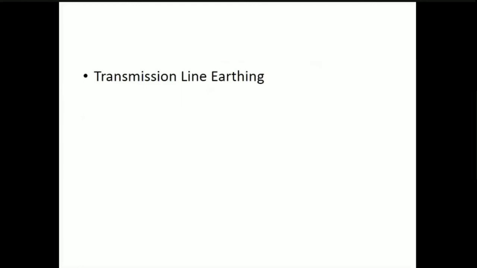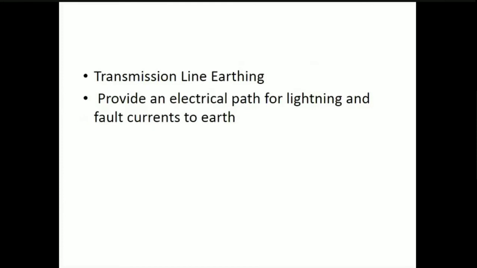Then transmission line earthing. This is also a protective measure. It provides an electrical path for lightning and fault currents to earth. We have the earth wire on the top of transmission. Then at each tower, this earth wire is grounded.